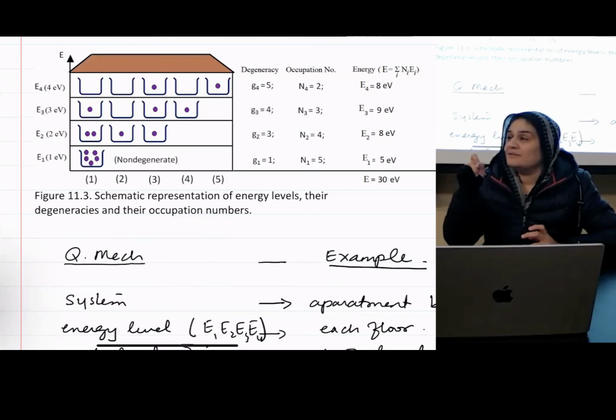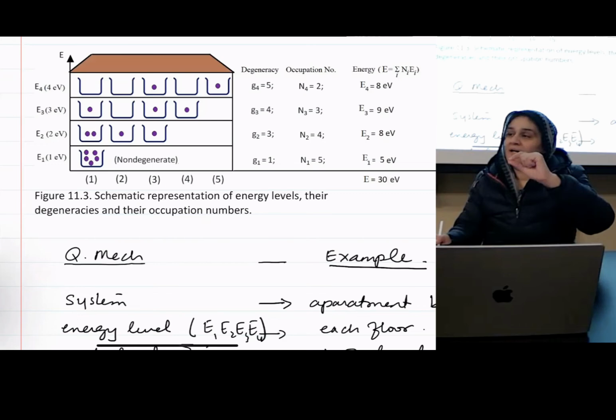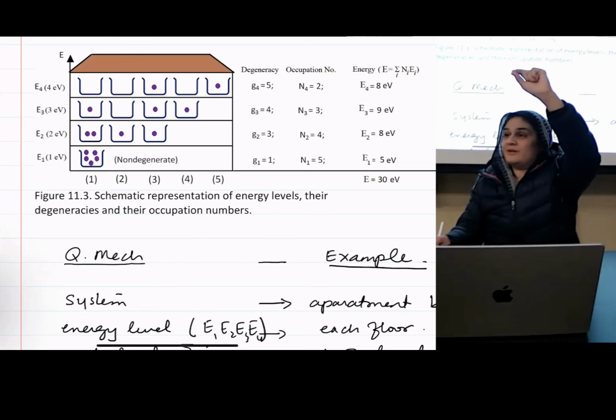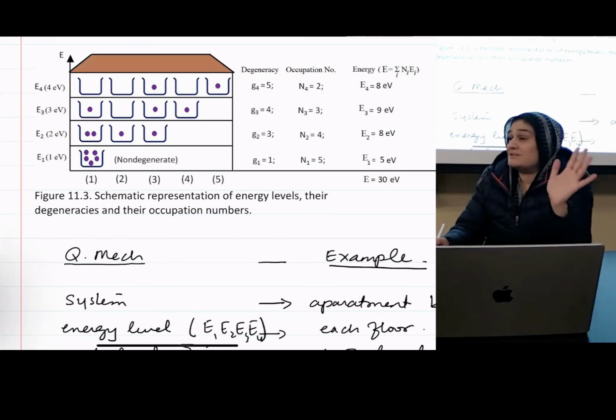So e is the charge of an electron, V is 1 volt. If it goes up 1 volt, it will gain that energy. If it goes down 1 volt, it'll lose that energy. That's literally what it is.